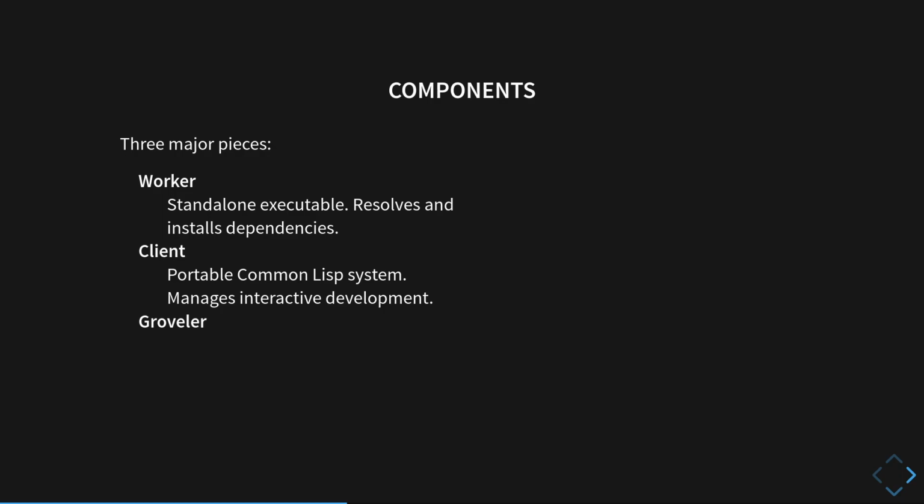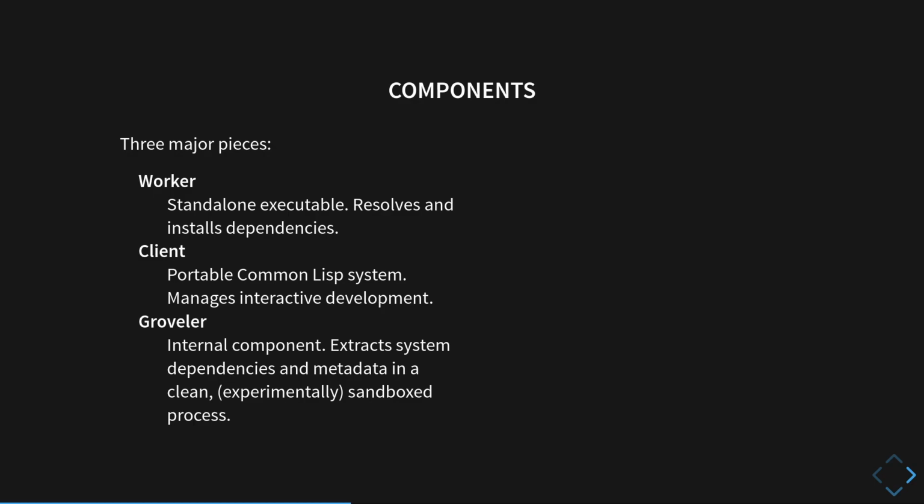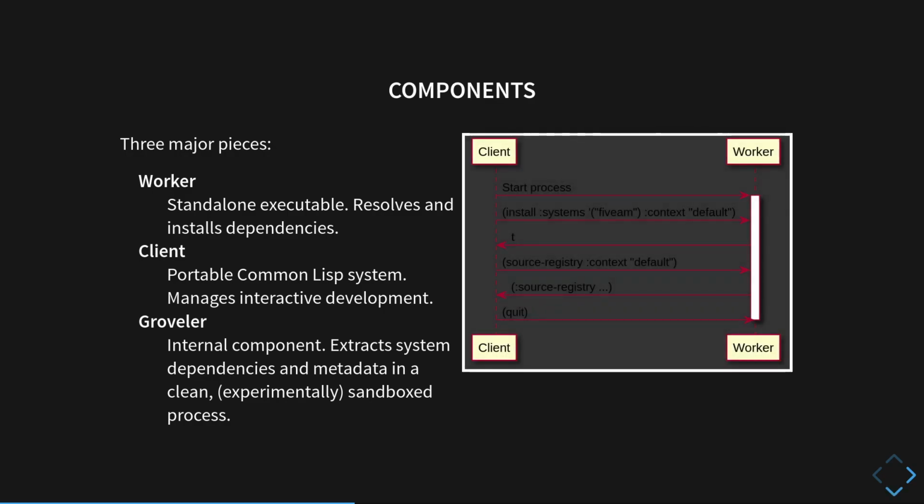In order to prevent this development image or the CLPM worker from entering a potentially broken state, the groveler runs in a completely separate process. Additionally, there is currently some experimental support for sandboxing the groveler. The components communicate with each other by passing S expressions through a REPL, as a simplified example on the right shows.